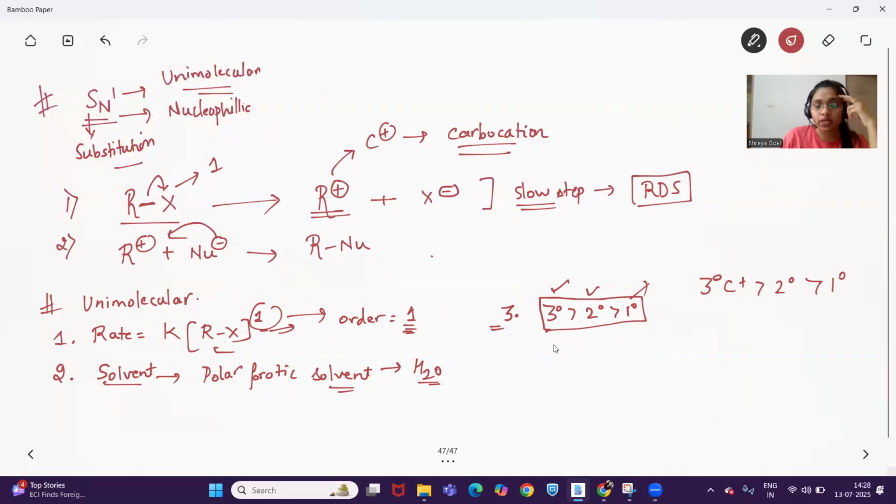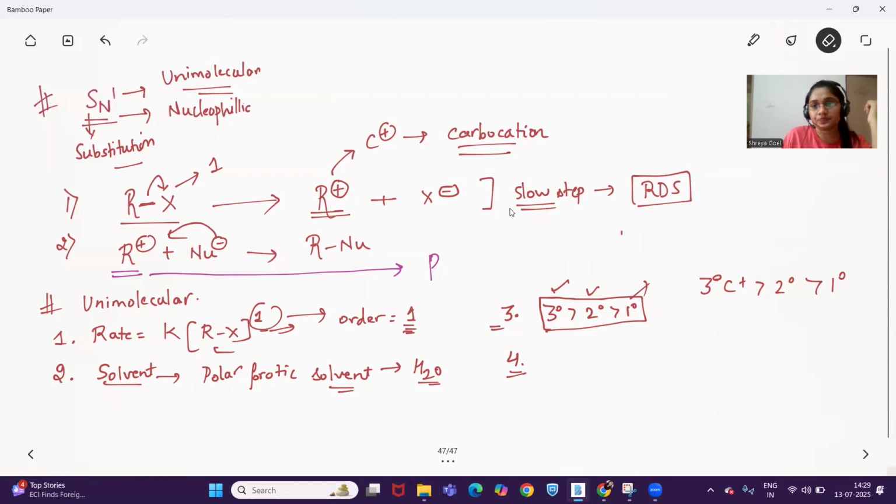The fourth thing is the stereochemistry of this reaction. As you can see here, the formation of a carbocation takes place, and you know the carbocation is planar. It has a planar geometry.